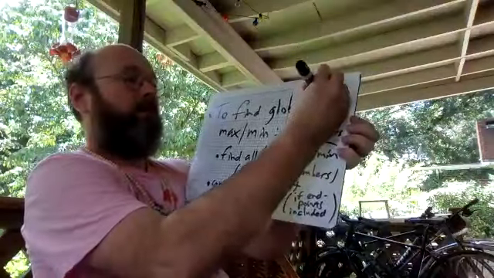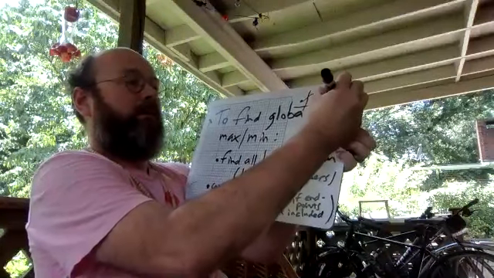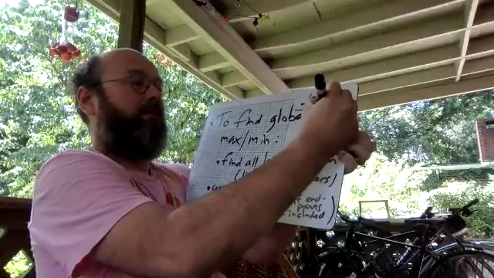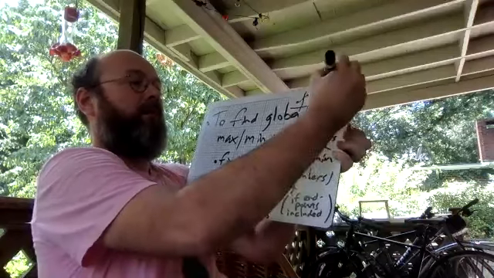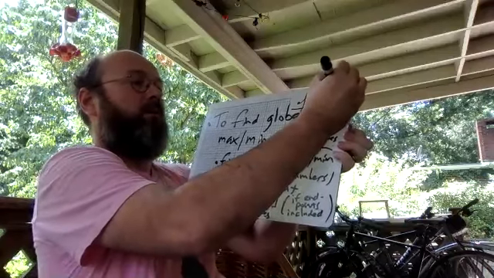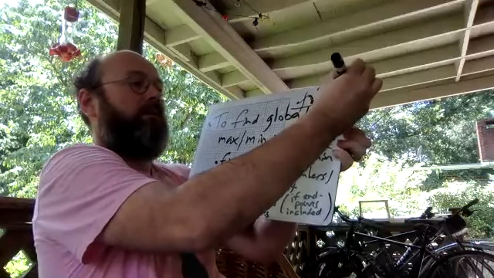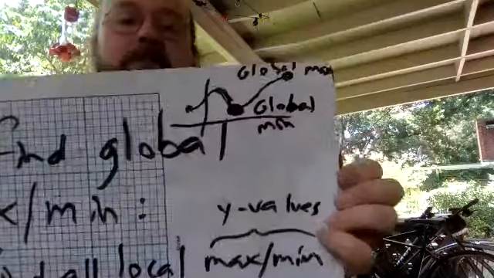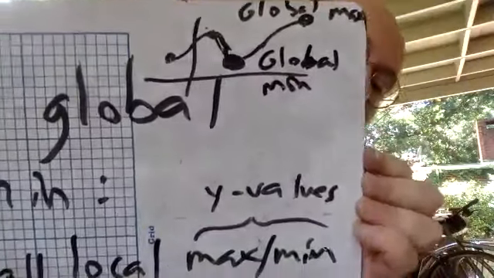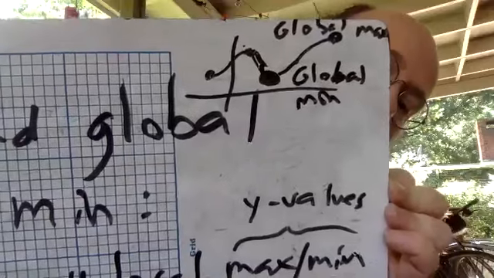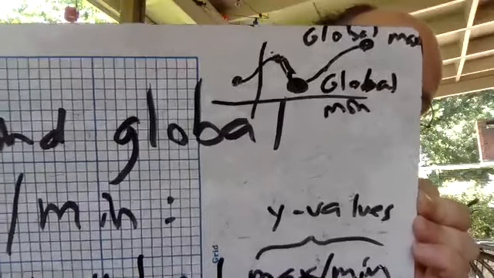So this actually is the global. That's the global min on this graph there. And this is the global max. Oh my gosh, that's so messy. I'm so sorry. Just on this graph, this is an example. You can see the minimum value and the maximum value that make the global min and max.